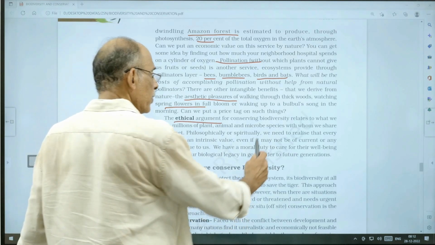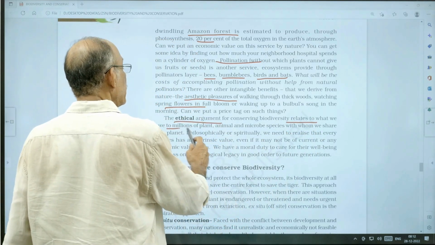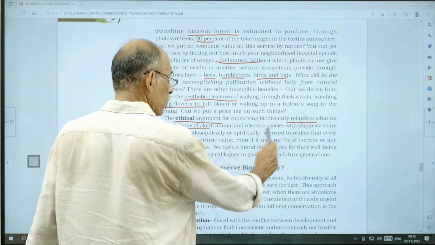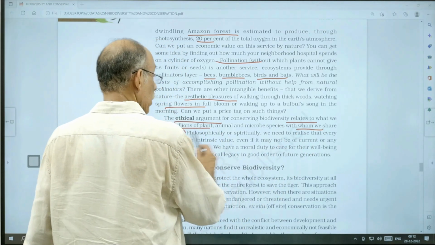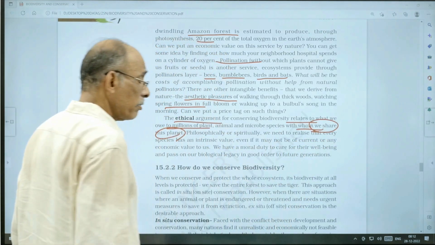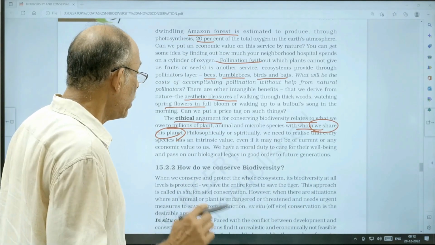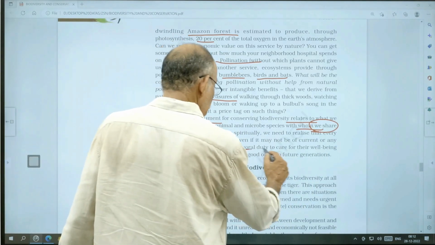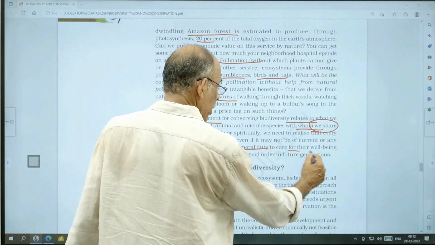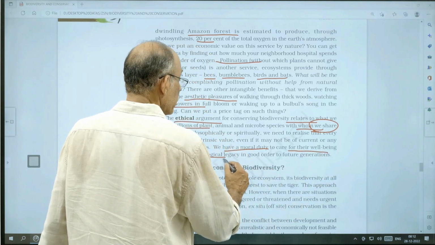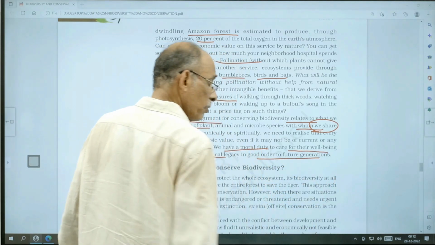Biodiversity relates to what we owe to the millions of plants, animals and microbes with whom we share this planet. We are sharing this planet with all these organisms, so we have a moral responsibility, a moral duty, to care for their well-being, so that only then will our existence be there.